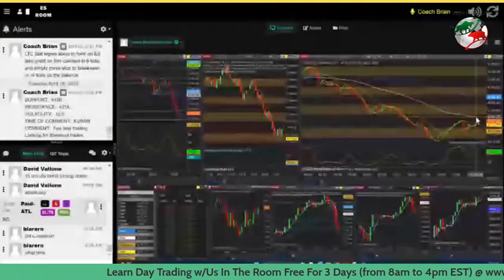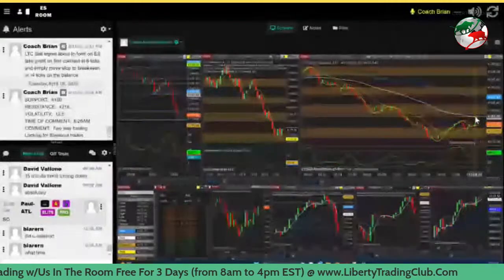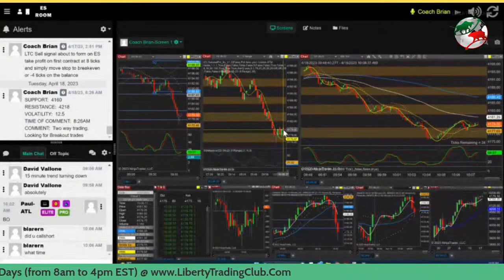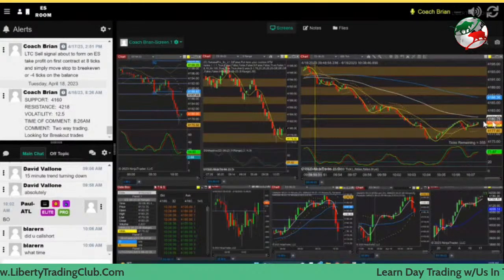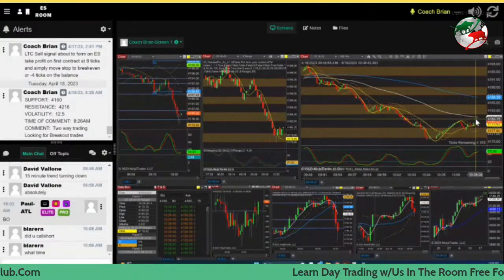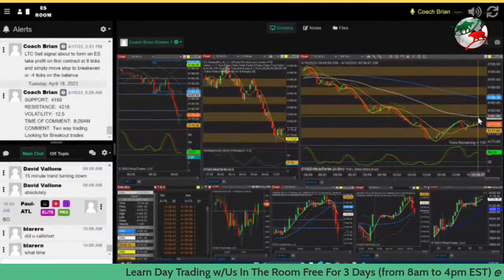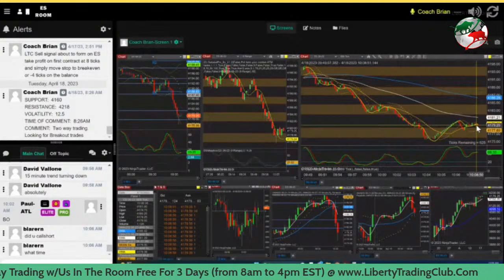Looks like we might get that. Roll it down so you guys can use the range chart to identify that short signal, or on the tick chart you want to see price kind of come up here and roll over.